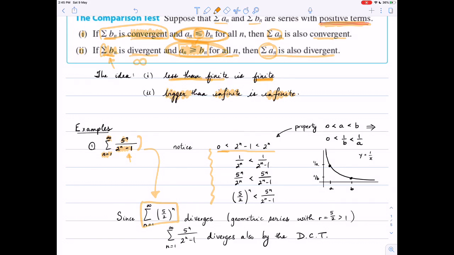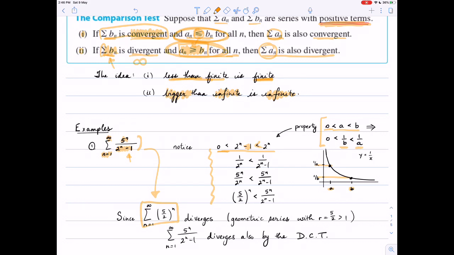Yes? If I subtract 1, I obviously have something less than. Now we are using a property of positive terms. If I have 0 is less than a is less than b, and I flip them over, then 1 over b is less than 1 over a.